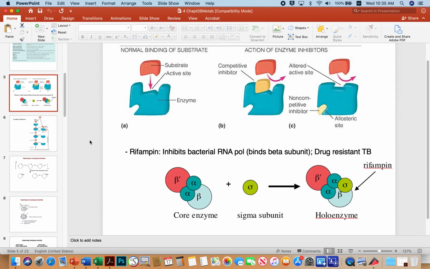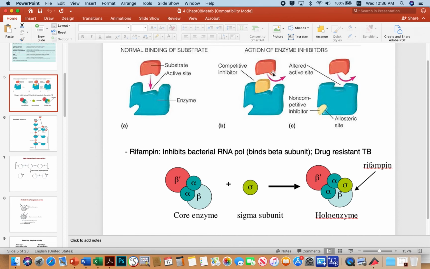So this gives you a little bit about competitive inhibition. In this particular case, in panel A here, you see a substrate binding to the active site of an enzyme and then obviously being processed. But this is the action of enzyme inhibitors. A competitive inhibitor would fit into the active site and block the substrate.